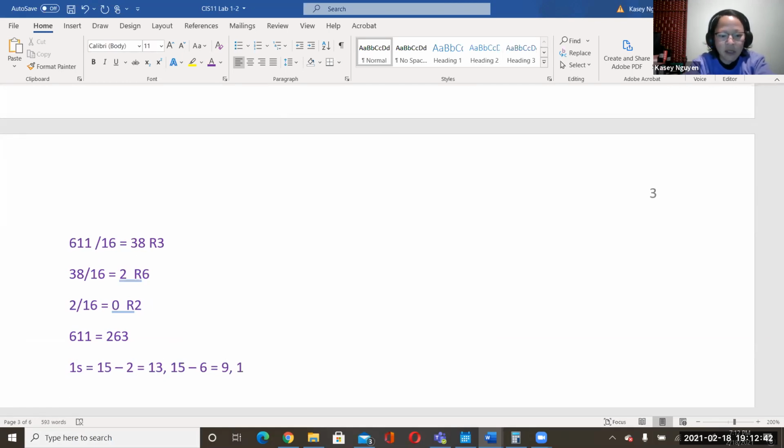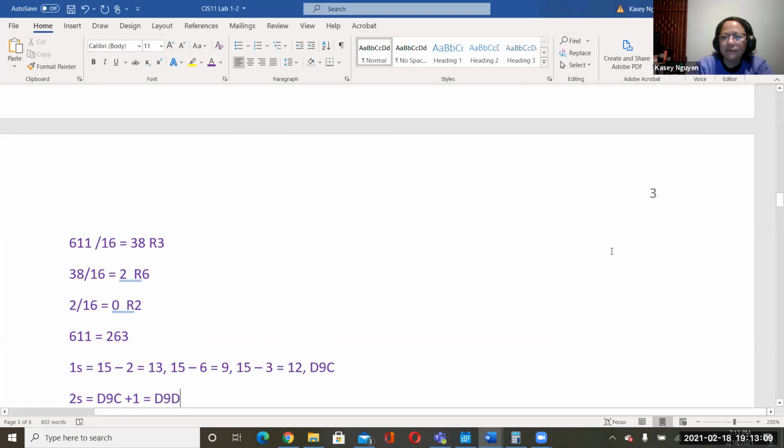And 15 minus 3 is equal to 12, which is D9C. And then the twos complement is D9C plus 1, which is D9D.